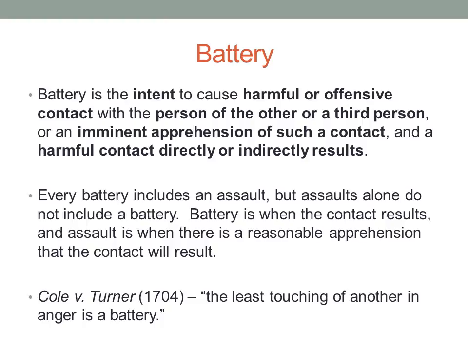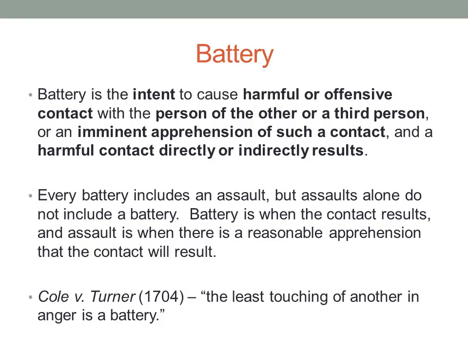So let's move on to the first of the intentional torts we're going to talk about. Those first couple of cases are all about intent, and we talked about battery in some of those cases, but those are all talking about what intent you have to commit the intentional torts. So in the battery context, battery is the intent to cause harmful or offensive contact with the person of the other or a third person, or an imminent apprehension of such contact, and the harmful contact directly or indirectly results.